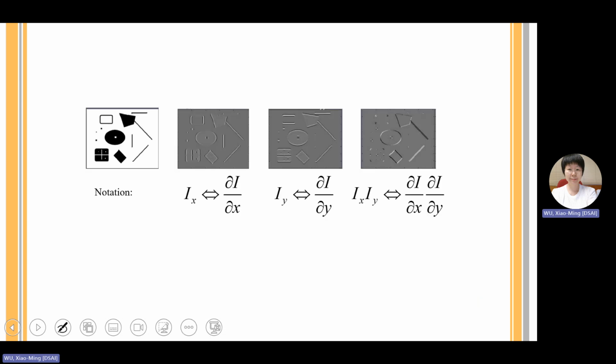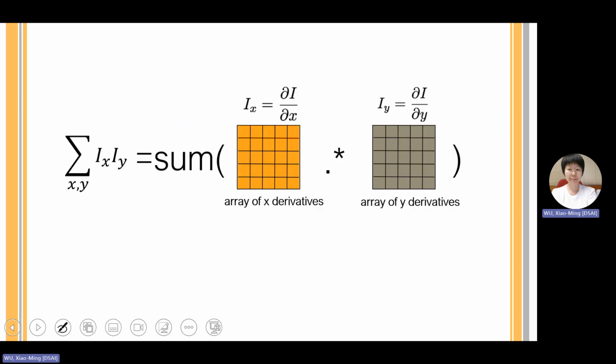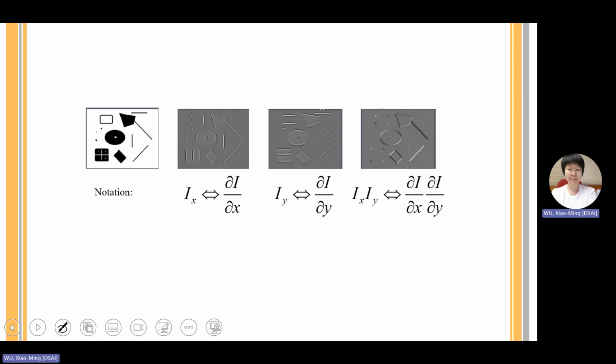But let me show you what Ix and Iy is. Given this image with squares, multiple shapes, and lines, Ix is the map of its x derivative. As we mentioned, x derivatives are good for capturing what type of edges?